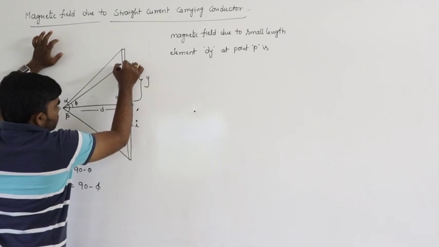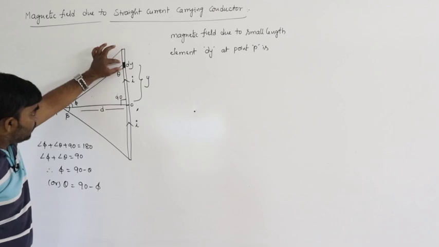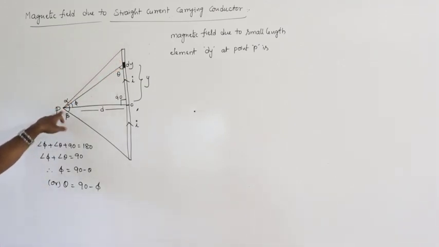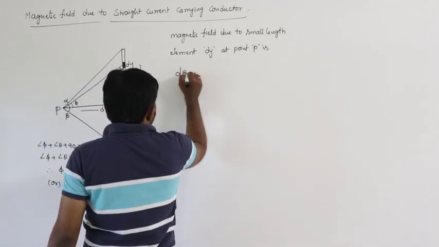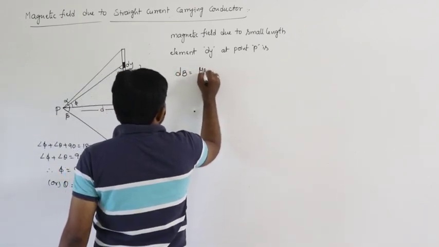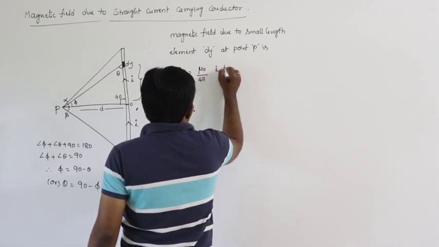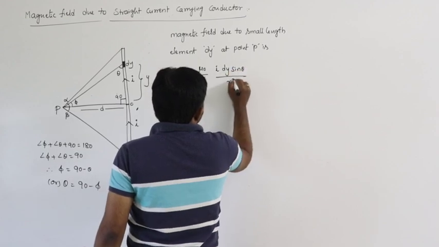Due to the small length element dy, what is the magnetic field associated at the point P? According to the Biot-Savart's law, dB is equal to mu naught by 4 pi I dy sin theta by r square.